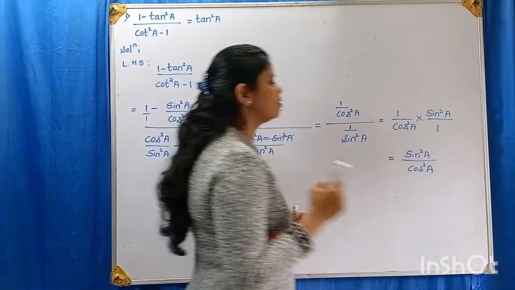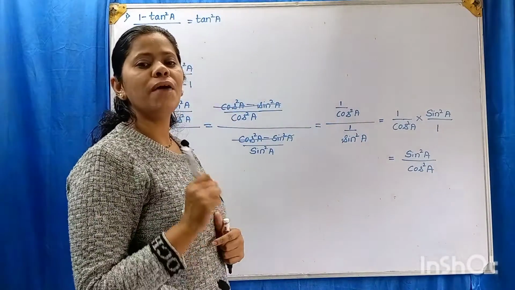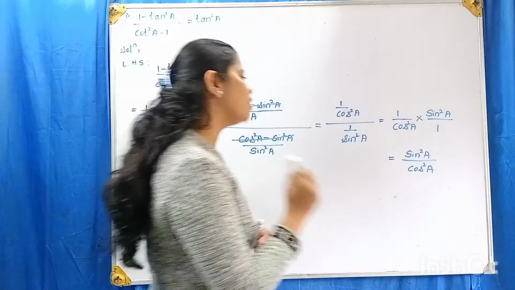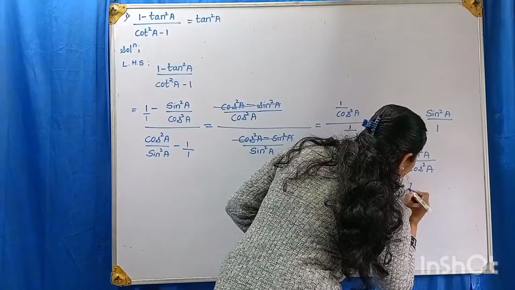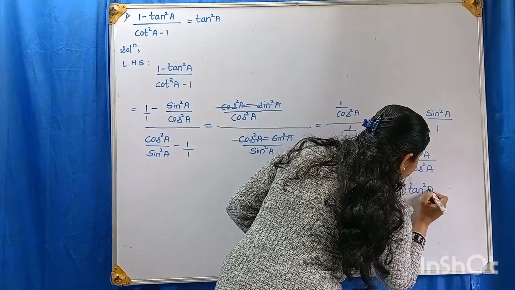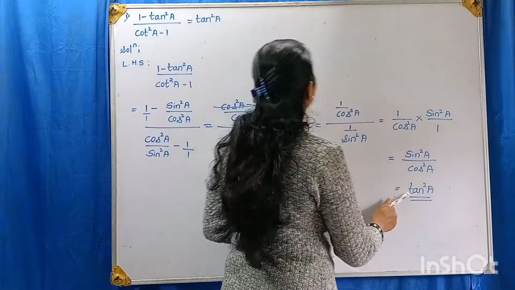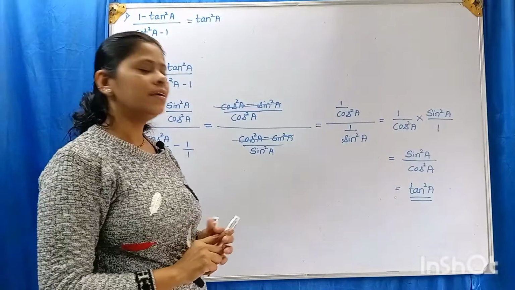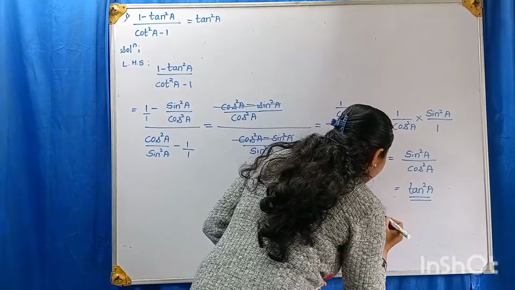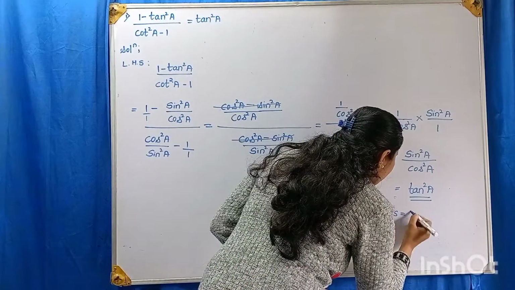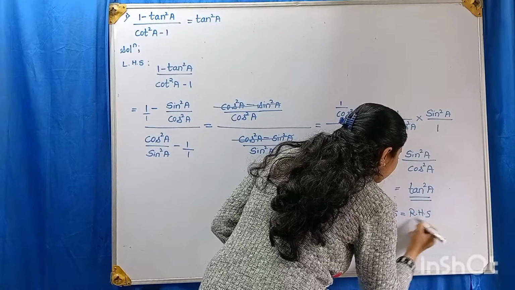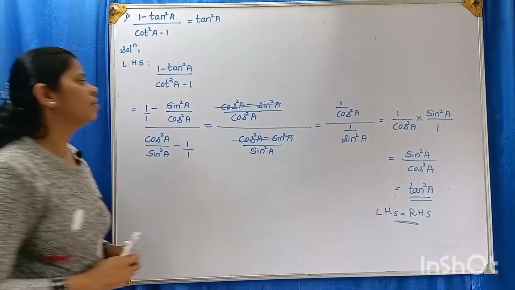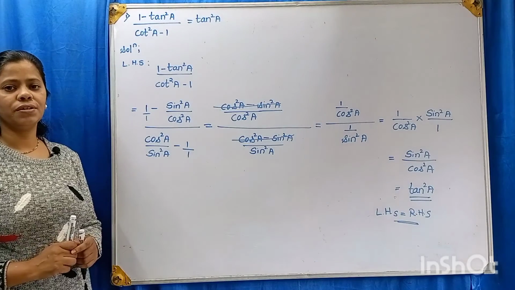We know that sin²A divided by cos²A is tan²A. Tan²A. Right? That is what our RHS is. We proved that LHS is equal to RHS. Hope you have understood. Thank you.